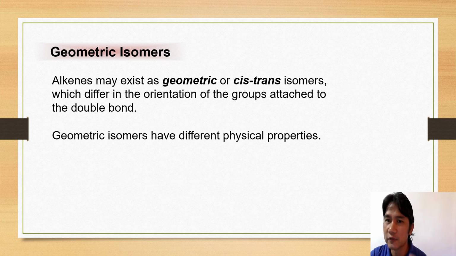Okay, so the geometric isomers, they have different physical properties, although, remember, isomers have the same molecular formula, but different arrangement of atoms. They have different physical properties.